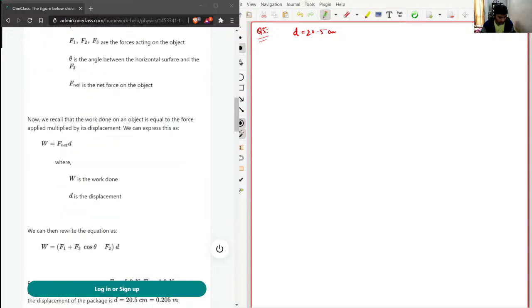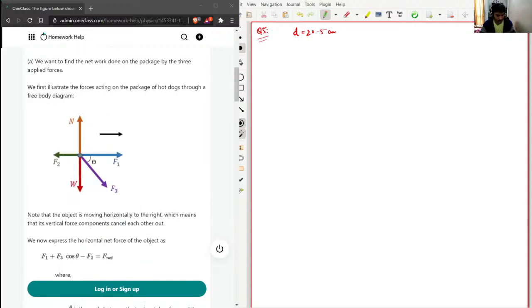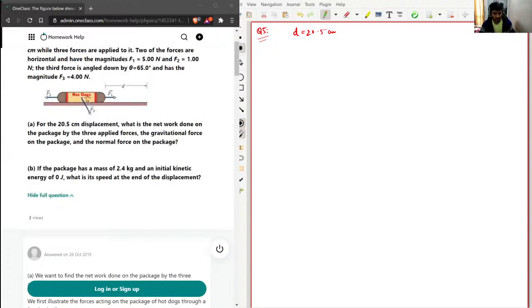So work done, they have calculated. Okay, so they have first resolved these forces. So I'll just draw a vector diagram, a free body diagram for this. Let's say this is the point mass, or the hot dog bag. This is F1 and this is F2.